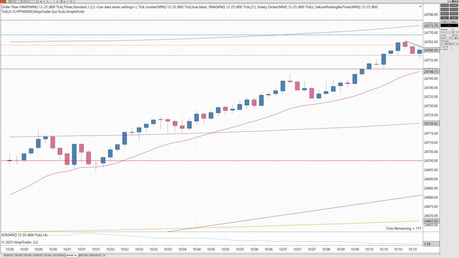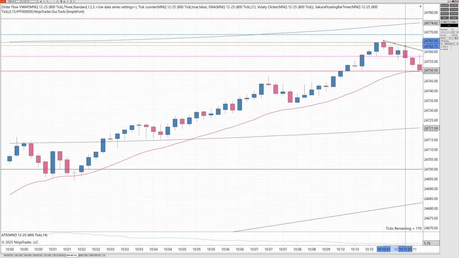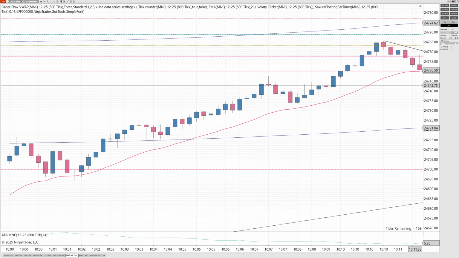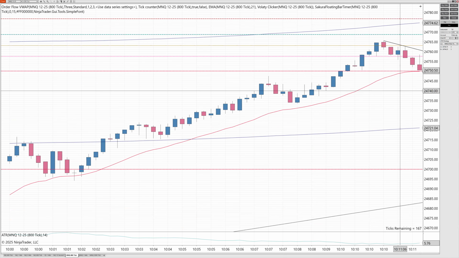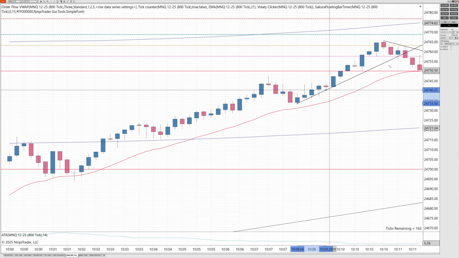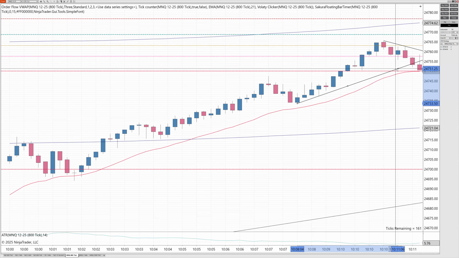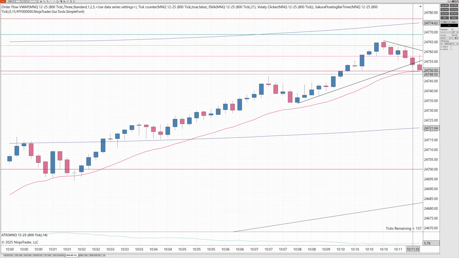Okay. Now we're getting close to a potential area here that we should be paying attention to. I should probably be drawing an upward trend line. It would have looked like this. We wouldn't have taken this here because we have 750 and the EMA in the way.